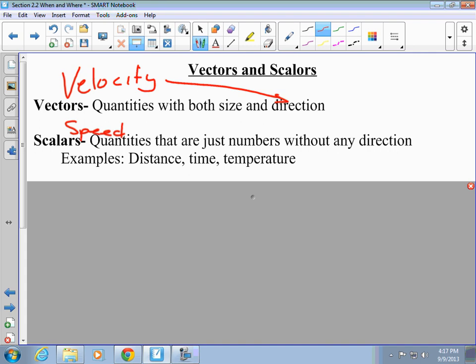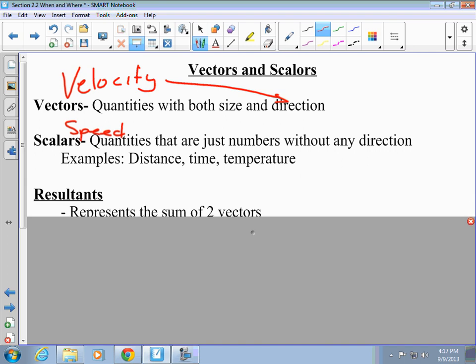If I say I'm traveling 55 miles per hour north, that is a vector. Vectors come into play particularly when you start adding multiple vectors together, which you'll do with forces. We don't do so much with speed, but we will a little bit with forces. So we have vectors and scalars.